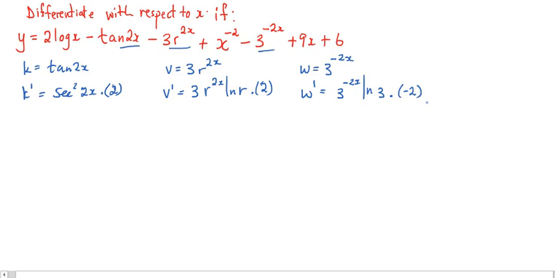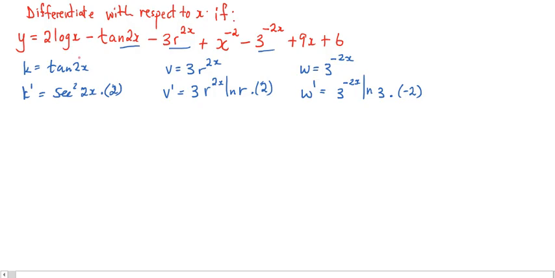That will give us minus 2. I've done this separately so that you get the idea that you are going to be required to identify this is a function of a function, this is a chain rule, and this is a chain rule separately. And I've omitted the signs in front just for simplicity's sake.